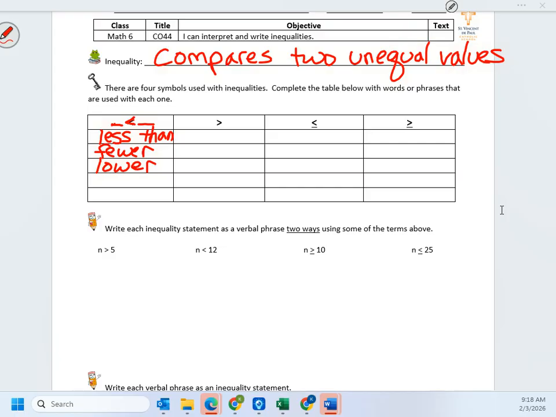So let's look at our next symbol. Starting at the left, we can see where that open part of the symbol is. What would we call this symbol? Fernanda? Greater than. Greater than, because the opening is at the left side.